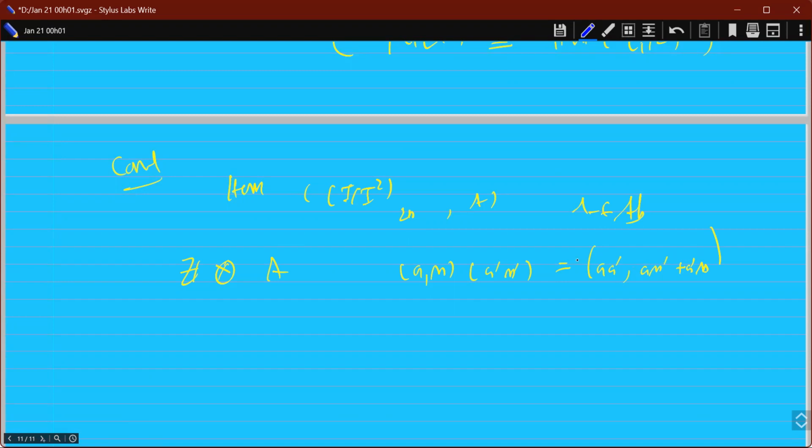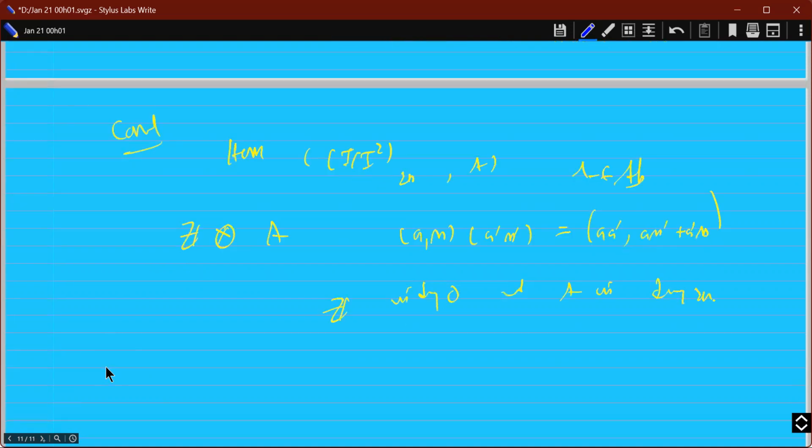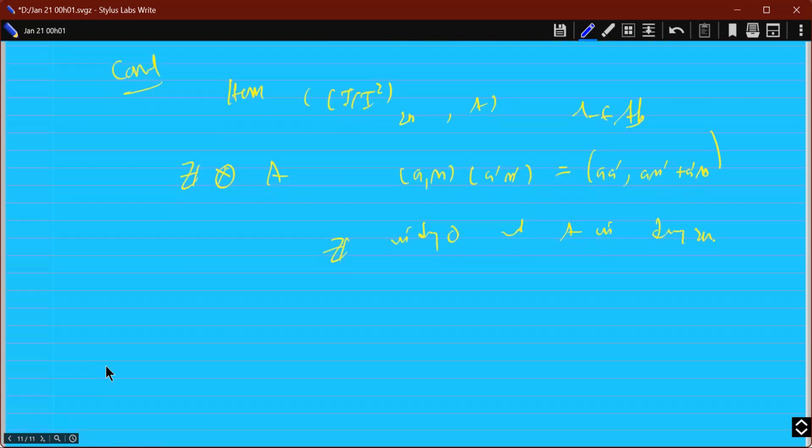And then let's give it a grading, so that Z has degree 0 and A has degree 1. This is the grading that we give. Then it will naturally follow that we have this important result.